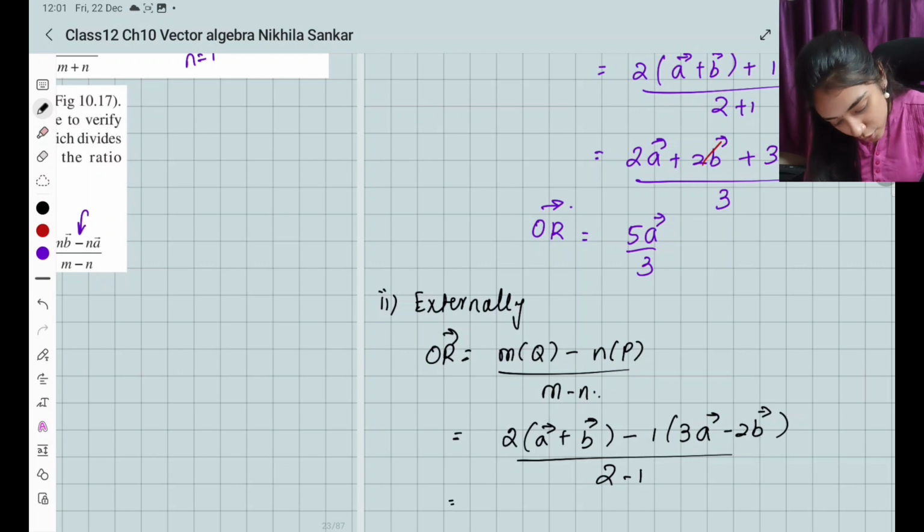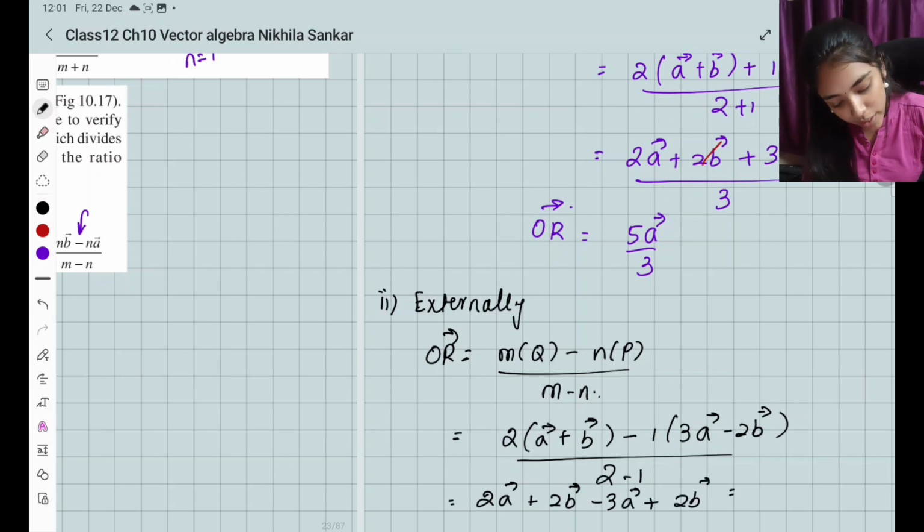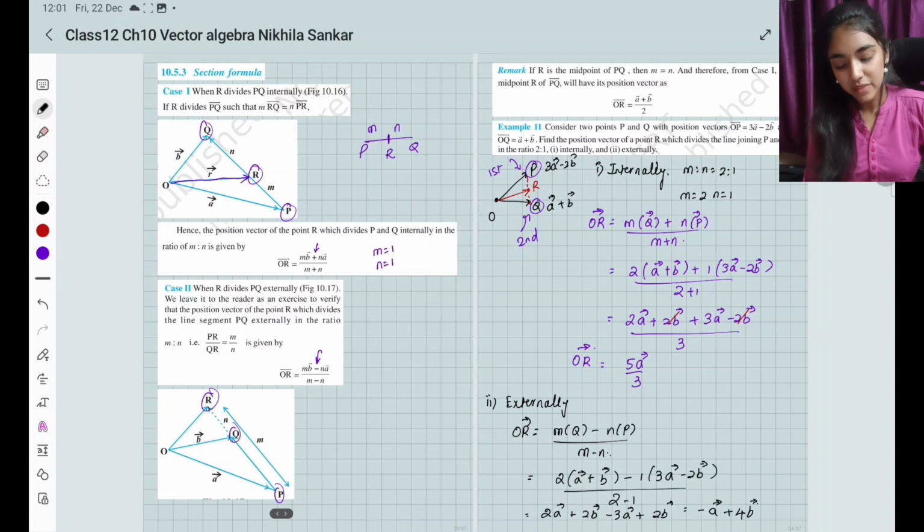So the denominator goes away. In the numerator, 2a plus 2b minus 3a plus 2b. So in total I have 2a minus 3a, which is minus a, plus 4b. So this is going to be the vector OR.